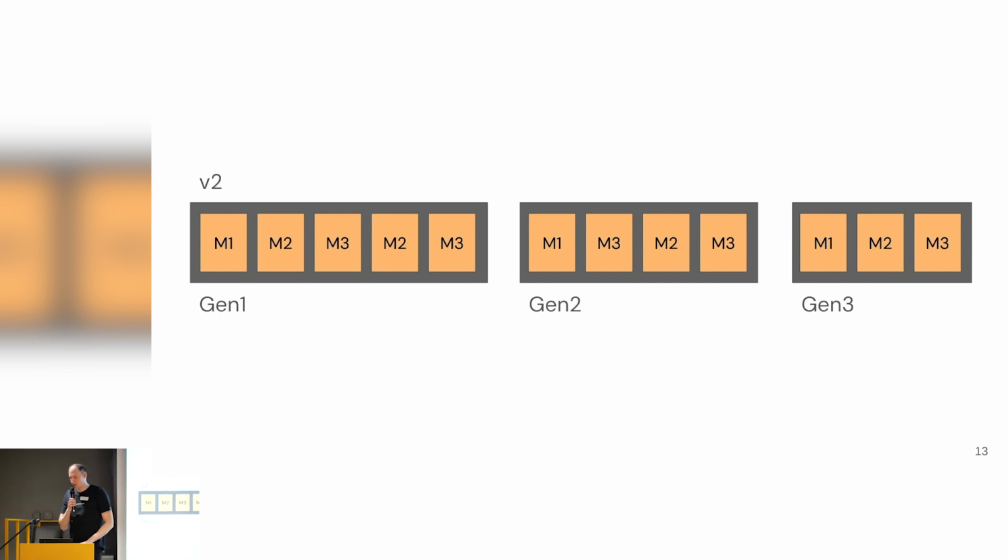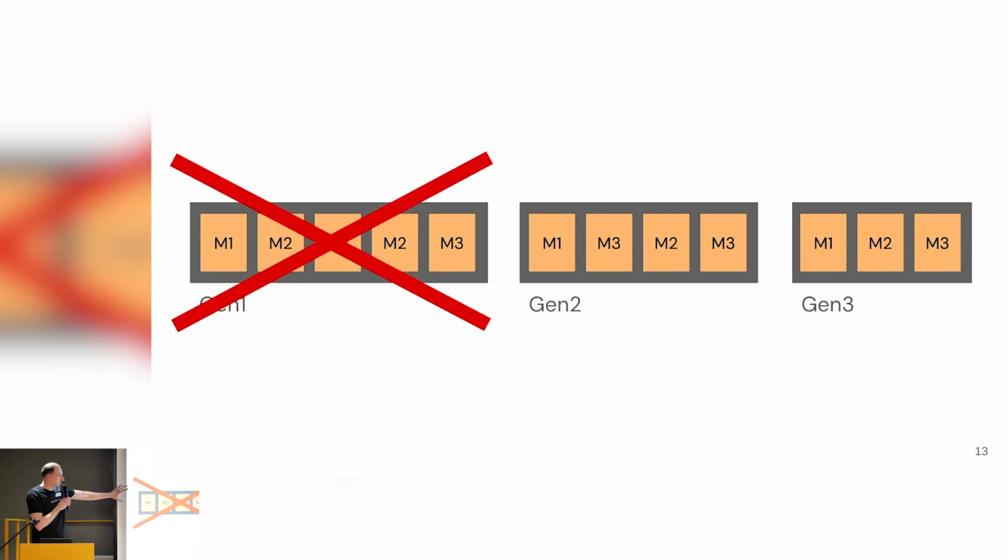So what this allows is that you can start recording, and then you discard old generations. And in this way, you can keep only the last, I don't know, 10 seconds or some amount of data in the buffer.